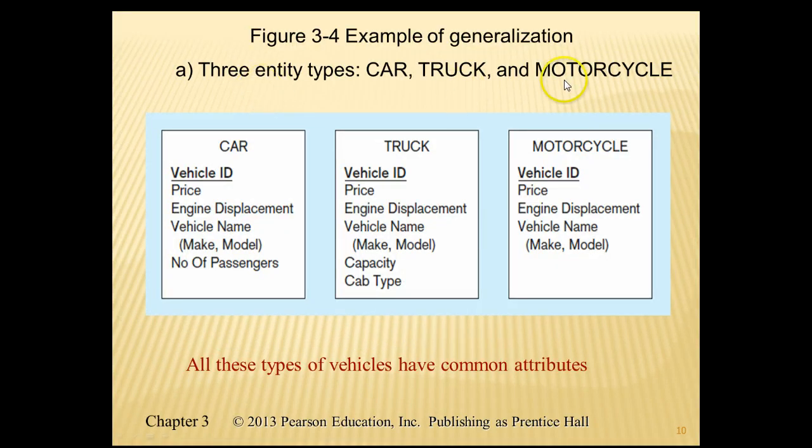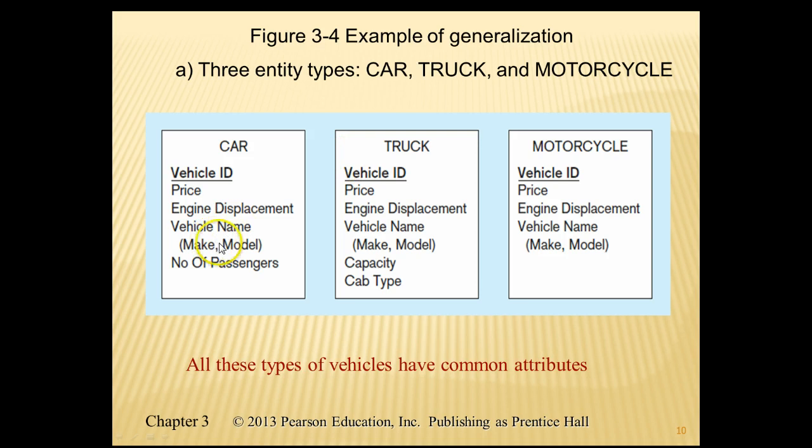Okay, so you'll see here that we have three entity types: car, truck, and motorcycle. And you'll see some of these, or all of them rather, have some common attributes such as vehicle ID, price, engine displacement, vehicle name, make, model, and so on and so forth.